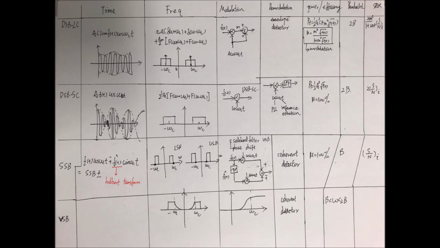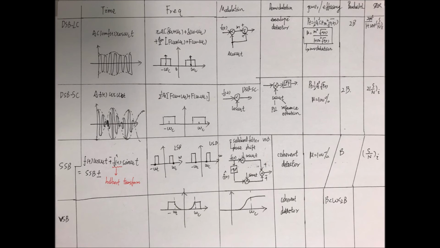Okay. Demodulation for double sideband large carrier. We mentioned that we use a very simple detector, the envelope detector, to demodulate my signal. This detector is very simple, so very cheap.